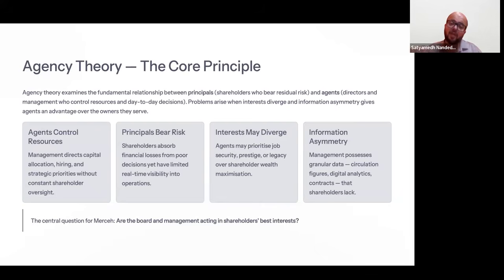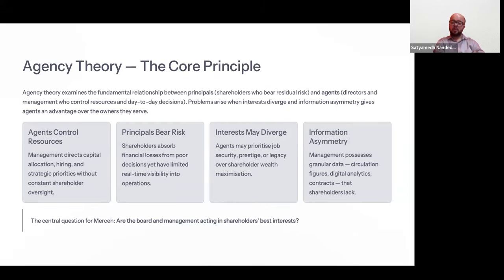Agents control the company, but the money at stake belongs to the shareholders or the principal. Now, interests may diverge in the sense that the directors or management might want something else for themselves, whereas what they will end up doing will be detrimental to the interests of the owners slash shareholders. Okay.